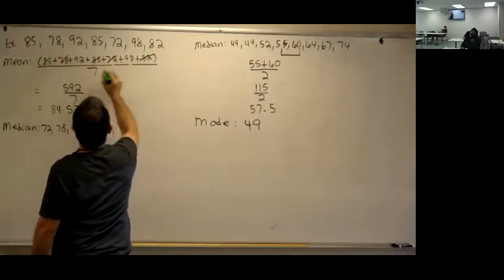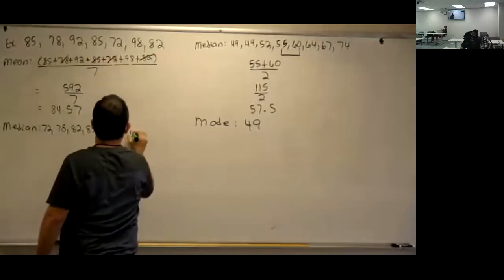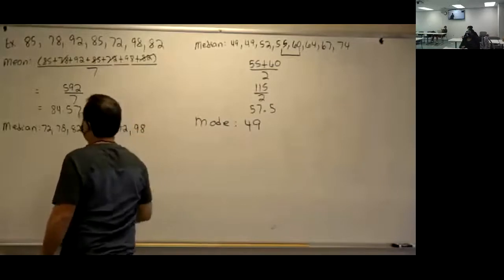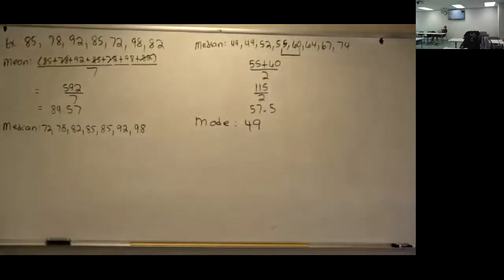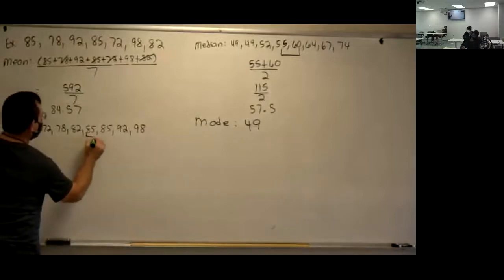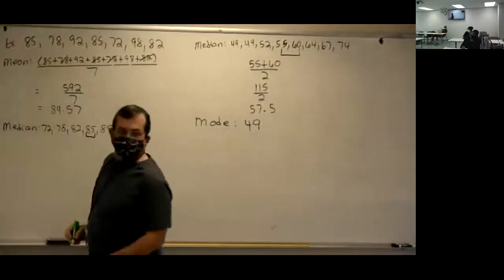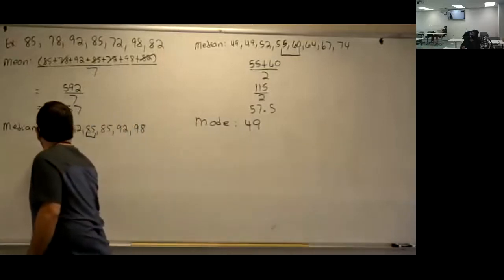And then I got a 92 and a 98. So looking at that data, what is my median or my center? So I had about 7 of them, I'm looking at this point right here, which is definitely 85.